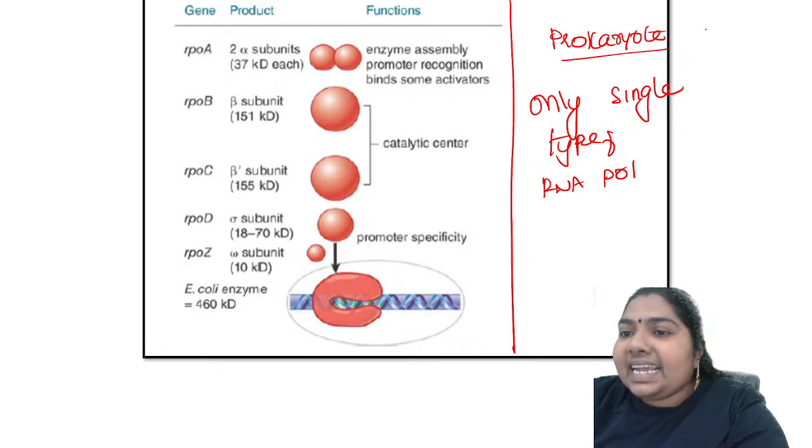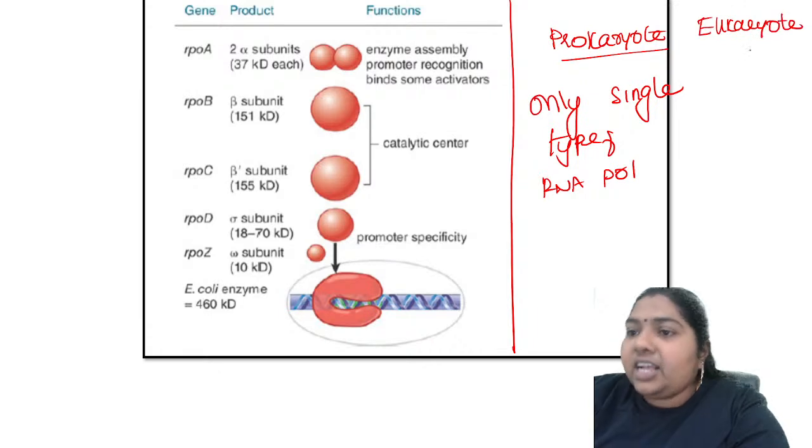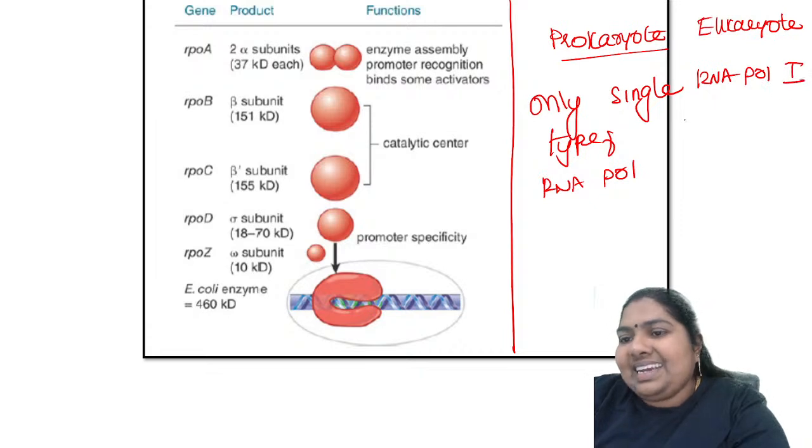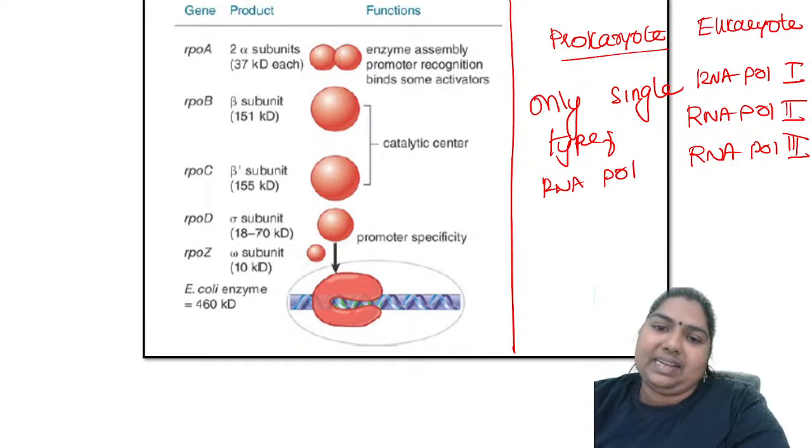But in case of eukaryote, you have RNA Pol 1, RNA Pol 2 as well as RNA Pol 3. So in eukaryotes you will have all these three different types of polymerase.